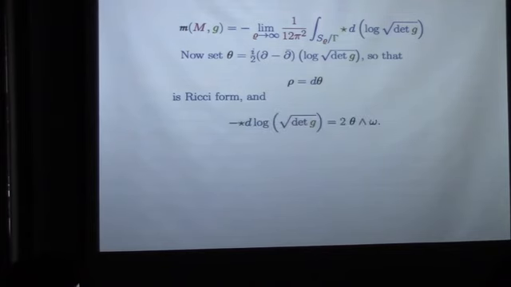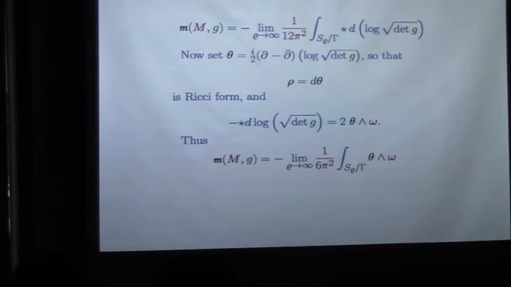So that one-form has d of it equal to the Ricci form, and this integrand here is essentially that one-form wedged with the Kähler form. And so, having chosen some one-form which, out at infinity, has the property that d of it is the Ricci form, you get a nicer looking formula for the mass.